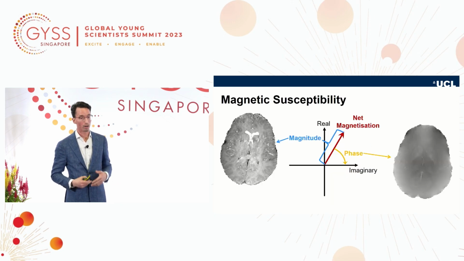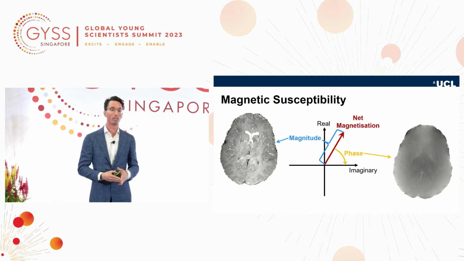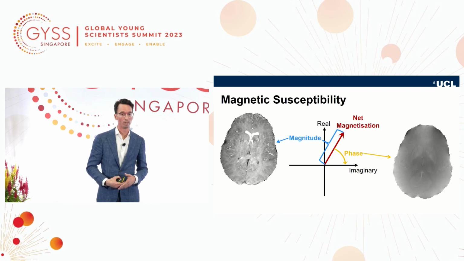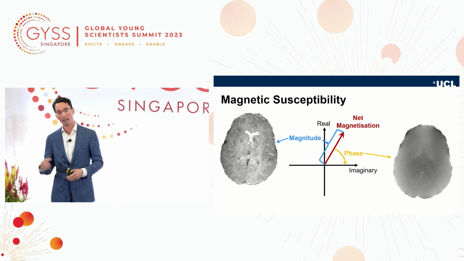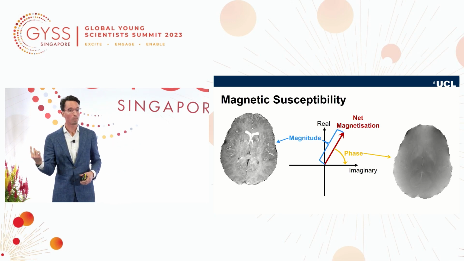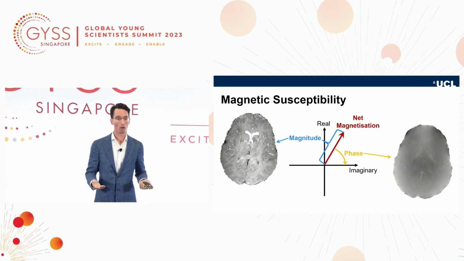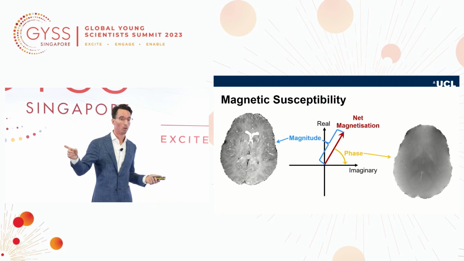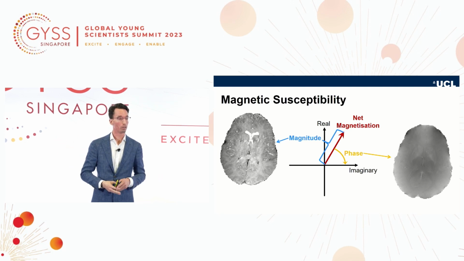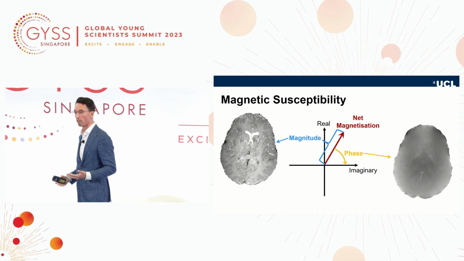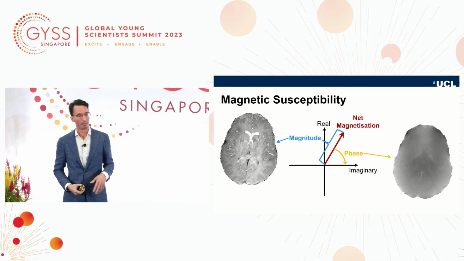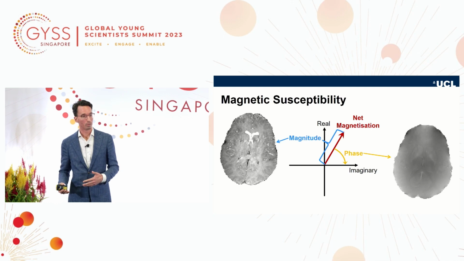Now, in our measurements, we're not measuring just the magnitude of an image, but we're actually measuring a complex number, where the magnitude is determined by the strength of the signal, and the phase is determined by how far it has rotated in this plane. That means that in regions where the magnetic field is stronger, the net magnetic moment will have rotated further along in this plane and will have accumulated more phase. And where it's weaker, it will have accumulated less phase.